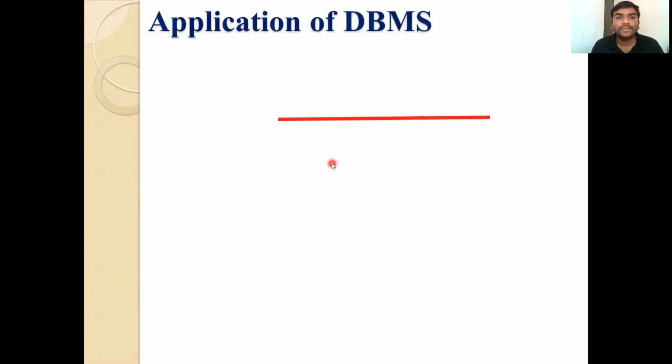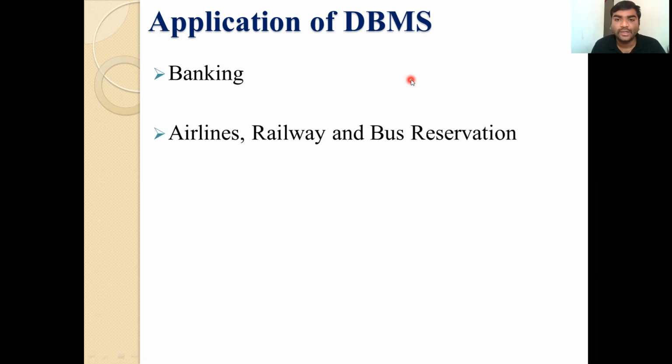After the goal of DBMS, our next topic is applications. What are the applications of DBMS? Where is DBMS used? DBMS is used in a lot of places, but we can cover a few of them. First is banking. All of you know digital banking, internet banking, UPI, mobile banking.